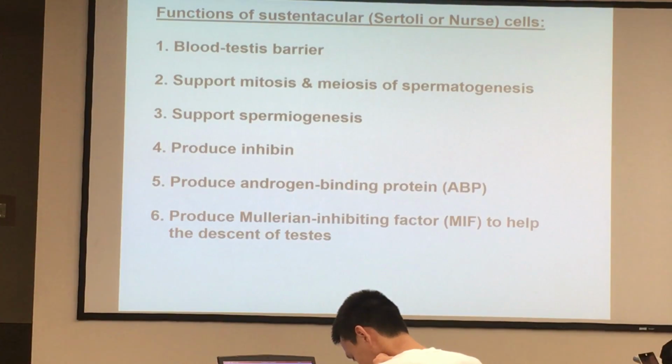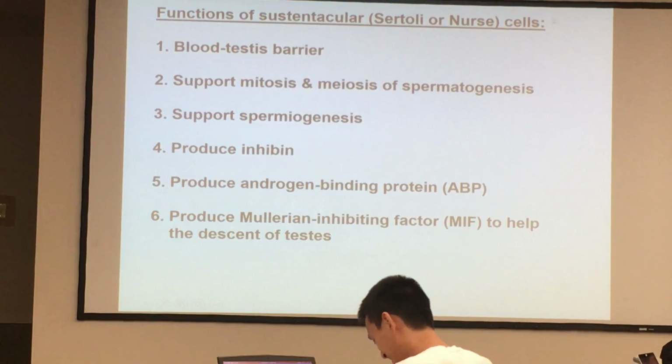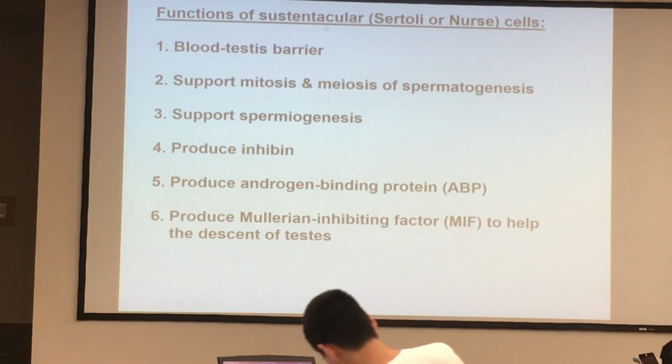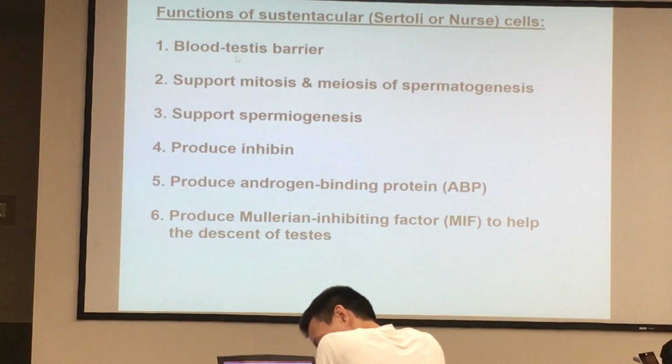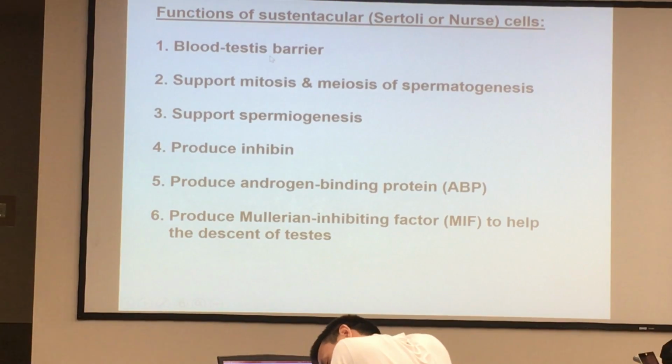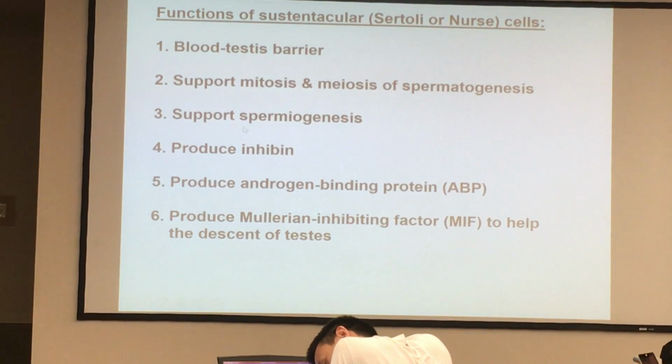Now, important is the function of nerve cell. It helps build up this blood testis barrier, preventing mixing with the immune system. It also helps sperm growth, mitosis, meiosis. We call it spermatogenesis, and then supports spermiogenesis. Sperm will change from the round shape to the long hair.